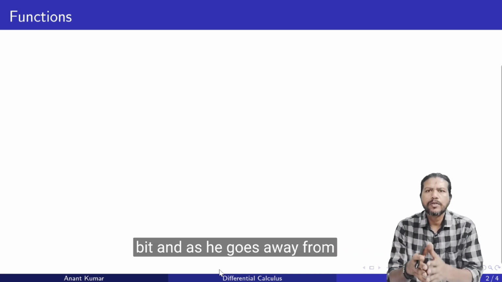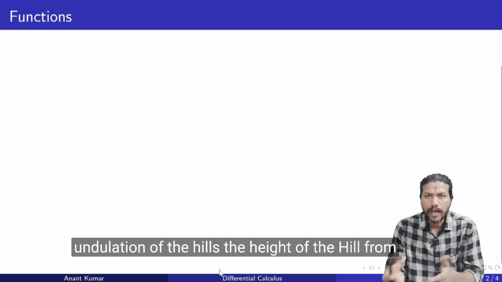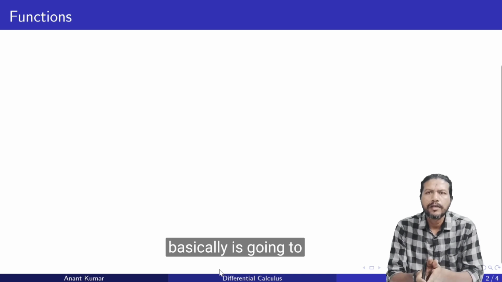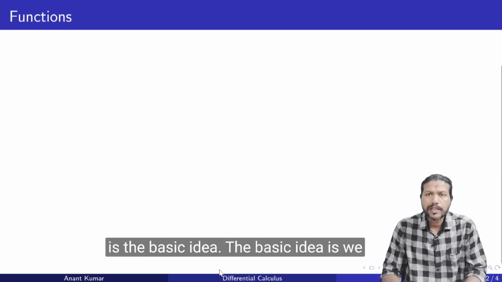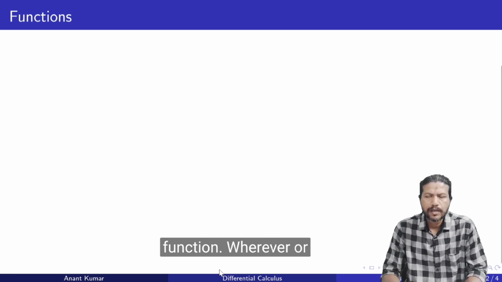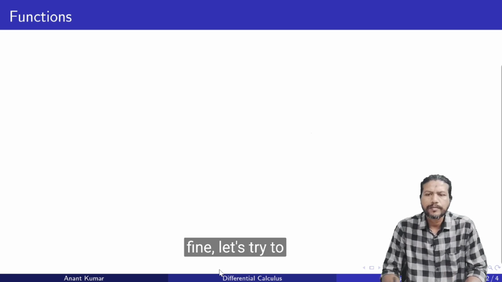As he goes away from the highest point, the height of the hill from the mean level, the ground level basically, is going to change. So this is the basic idea: we have a function wherever one thing varies with respect to another thing. Fine. Let's try to be more precise.